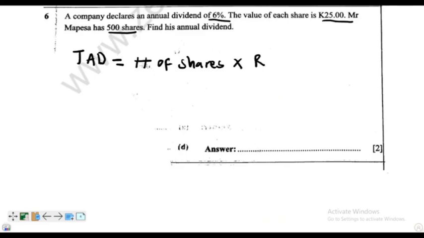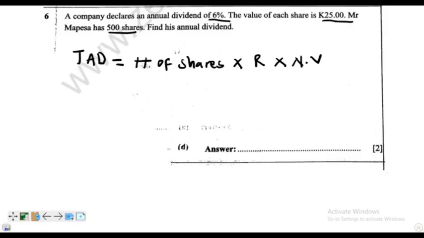Okay, so in this case the rate will be the 6% there. Okay, times the rate, then times the value for each share.